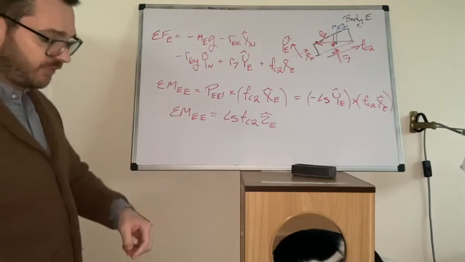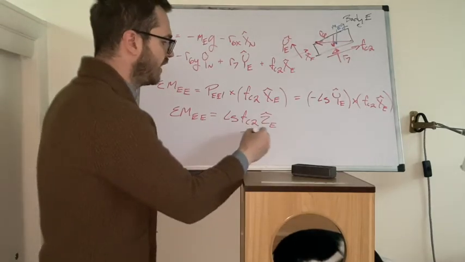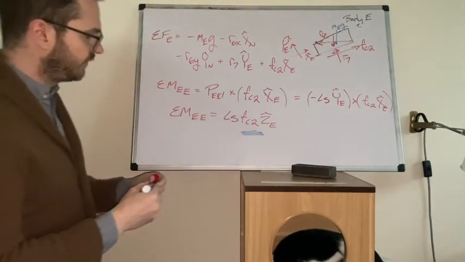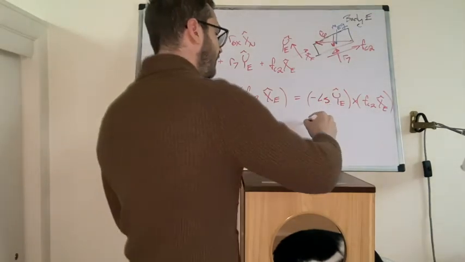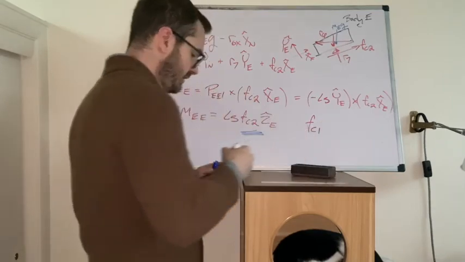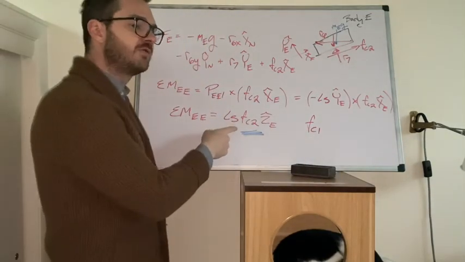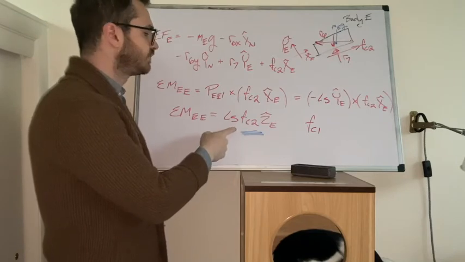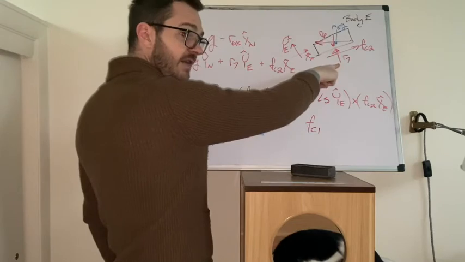A couple last comments before we get out of here. In this particular example, I am not worried about solving for FC2 or solving for FC1. Based off of what we've talked about in previous videos, you could probably sort out the FC2. FC2 is going to be a function of R7, right?